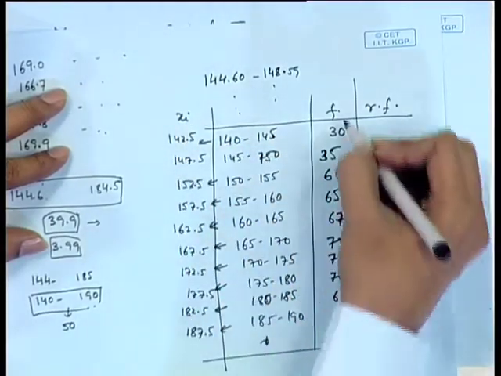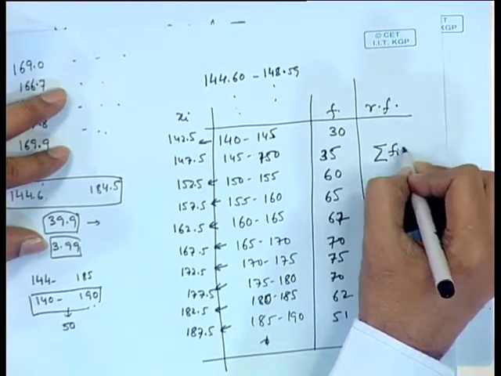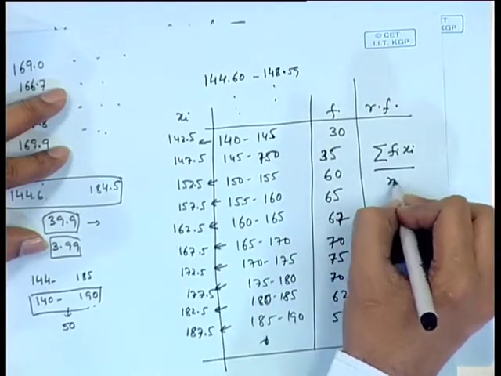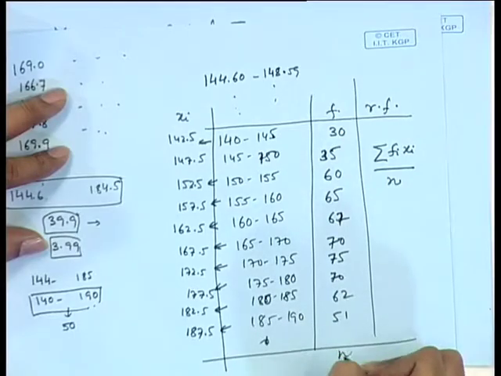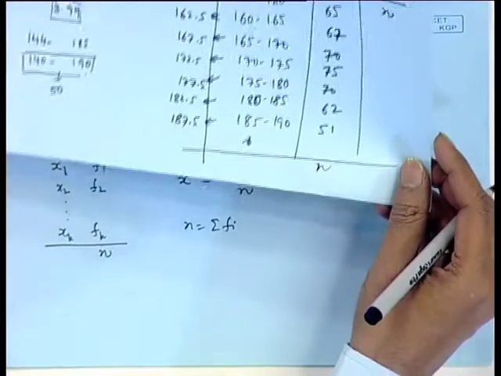If these are the x i values and these are the f i values, then again we can use the formula sigma f i x i divided by n, where n is the total frequency. This is the formula for the arithmetic mean.